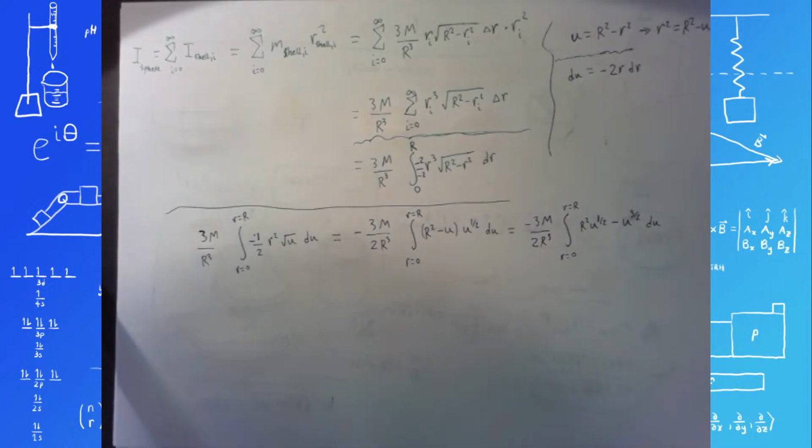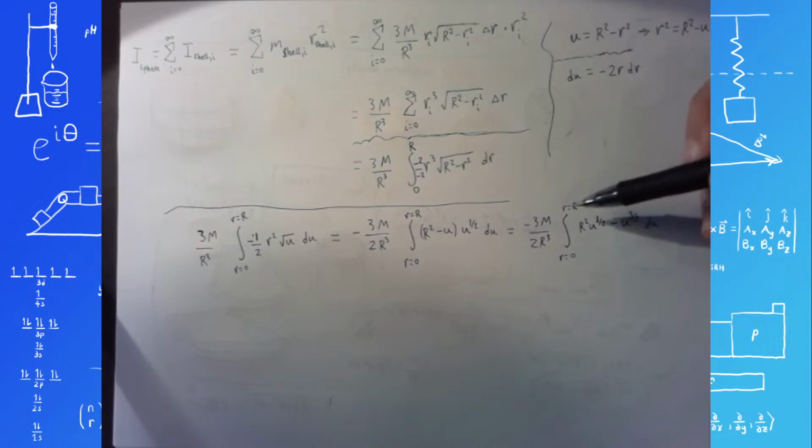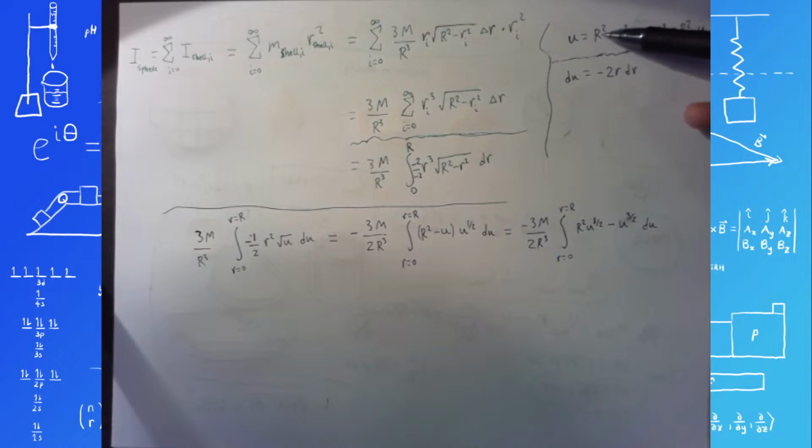And from here I can go in two different directions. I can either rewrite my integration bounds in terms of u. So when r equals 0, u equals big R squared minus 0 squared equals big R squared. And when r is equal to big R, u equals big R squared minus big R squared equals 0.